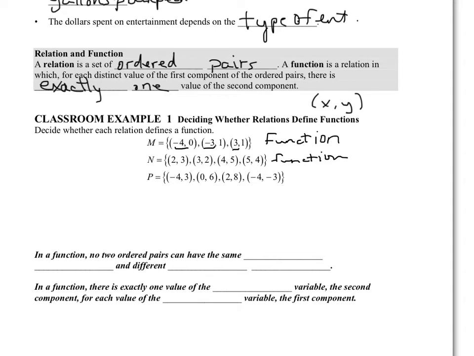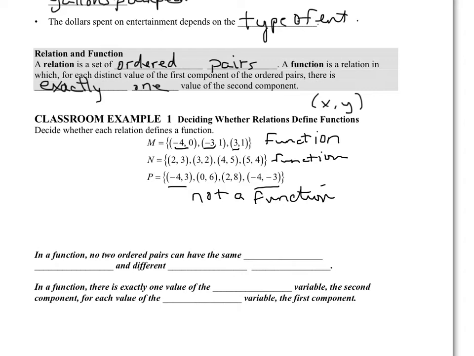Hopefully you do recognize that we have an x that's repeated in two different ordered pairs. -4 is paired with 3 in the first ordered pair, but in the last one, -4 is paired with -3. Because the x value was repeated with two different y's, it is not a function. And that's all you have to look for with ordered pairs to determine whether or not you have a function.